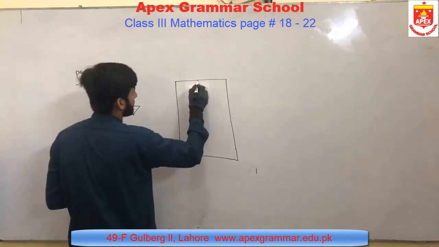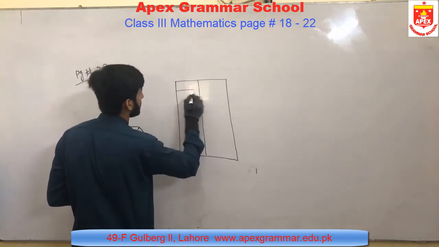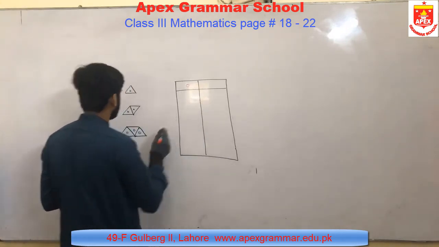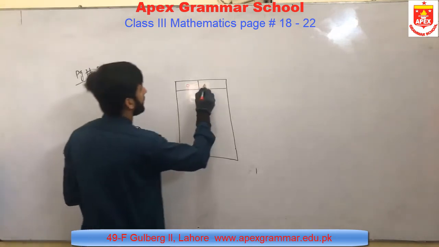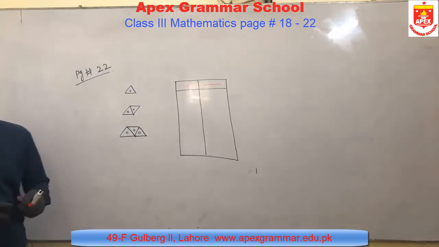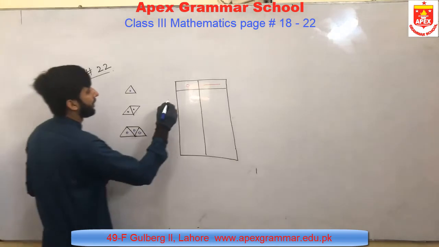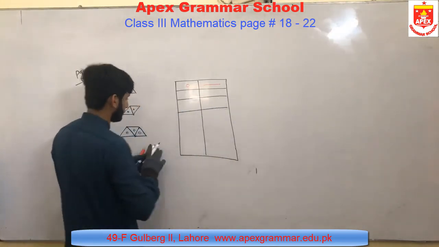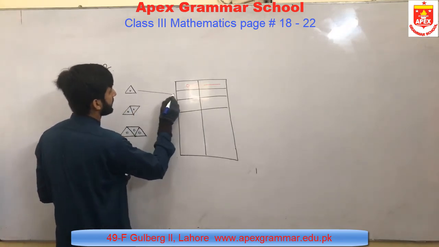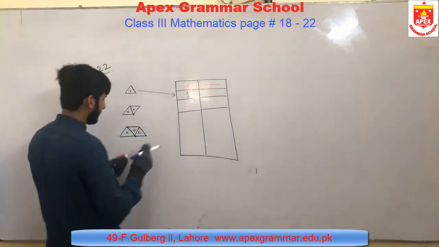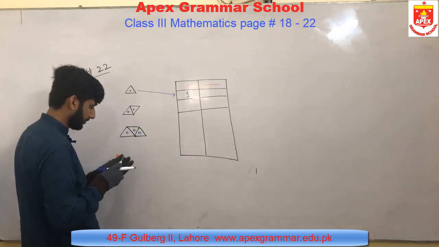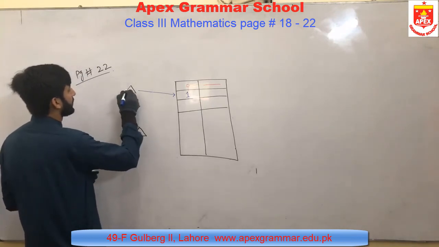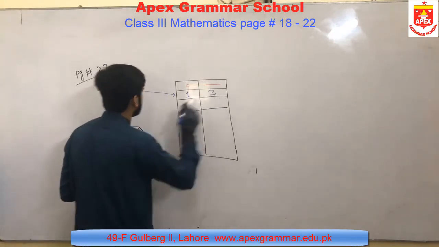First column is for dots, and second column is for lines. When the number of dots is 1, in the first figure, there is 1 dot and against 1 dot there are 1, 2, 3 lines.